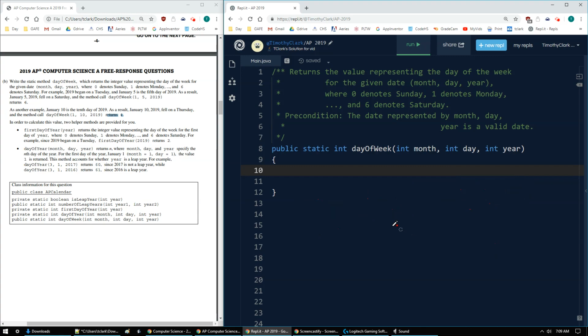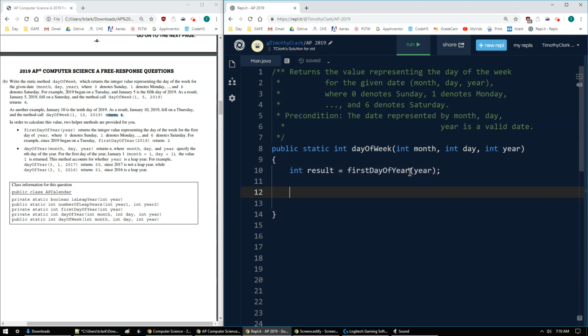Okay, let's clear all this and go back to typing. First thing I want to set up is my result, int result. I start my result at the firstDayOfYear, and I put the year in, and that's it.